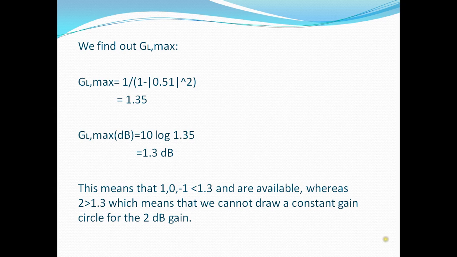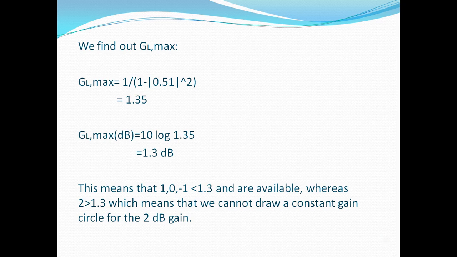Next, we find out the maximum gain of the load by applying the formula we had before. Numerically, the maximum gain of the load is 1.35. In dBs, it's 1.3 dB. This means that the gains 1, 0, and minus 1 are less than 1.3, and they are available.